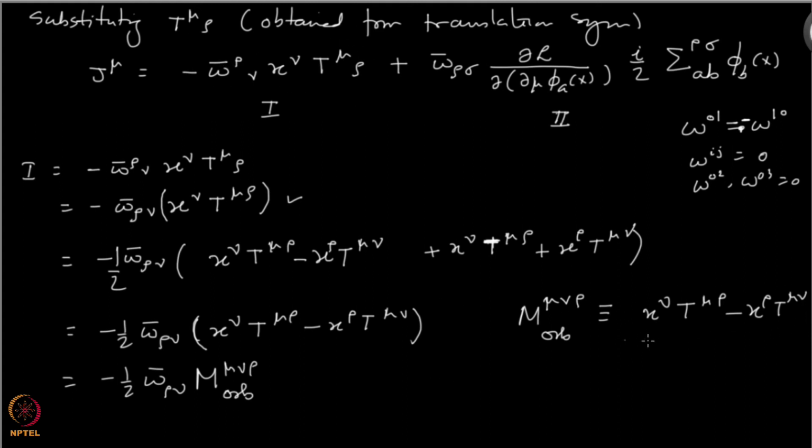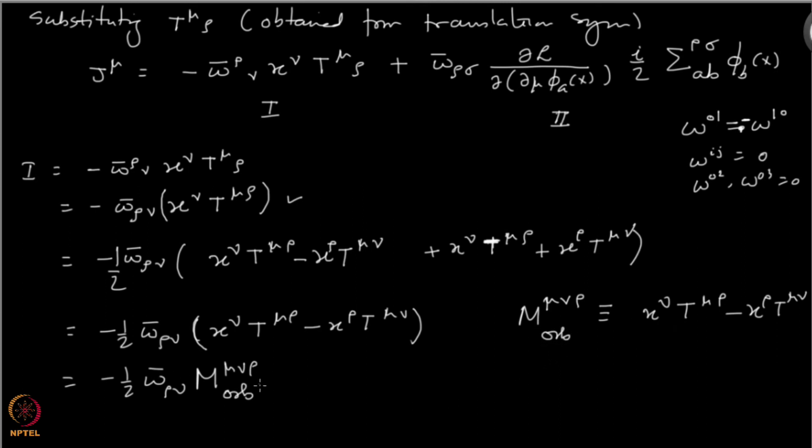And I'm calling it orbital because you explicitly have x here, right? So angular momentum is x times p, and if I put mu equal to 0 here, that gives you the momentum density. And you see, because it is x times p, it's orbital angular momentum basically, and that's why I have put the label orbital in here.